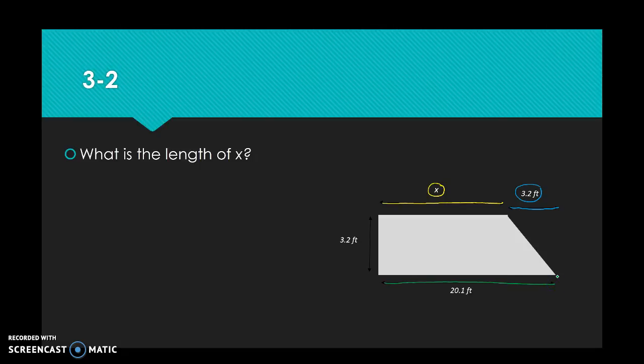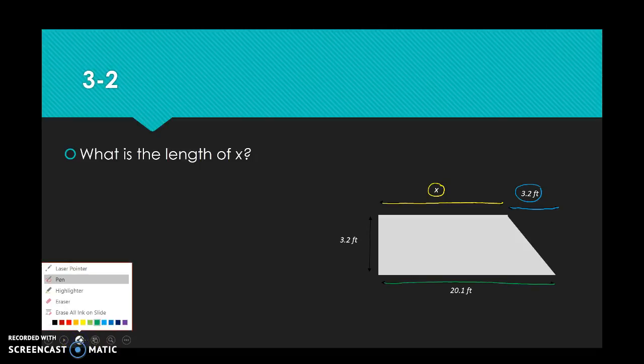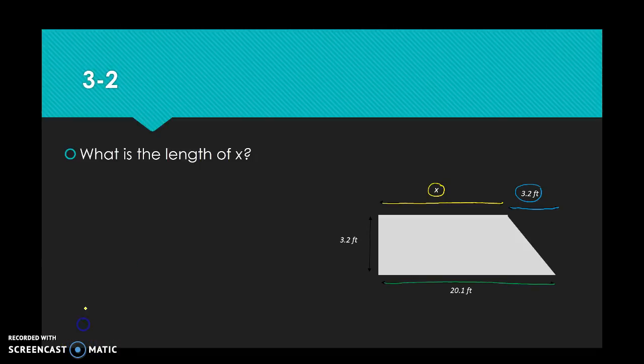So we want to take the big side, and are we going to add the small side? Or, right, X plus 3.2 is going to equal it. So X plus 3.2 equals the other side.